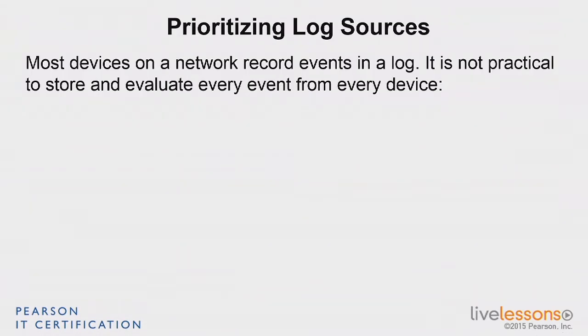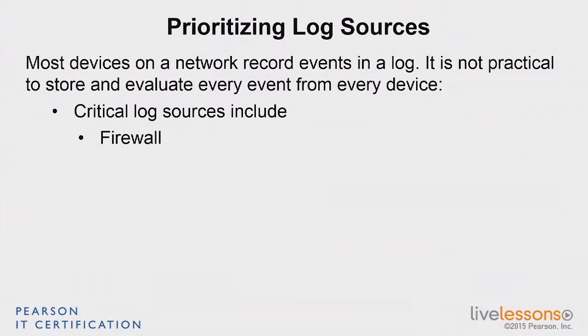So most devices on a network record events in a log, but it's really impractical to store and evaluate every event from every device. So you need to look at what are your critical log sources. Critical log sources would include firewalls, so you can be capturing and evaluating traffic that is coming into your network and out of your network.